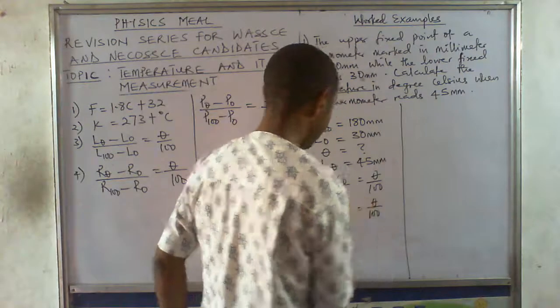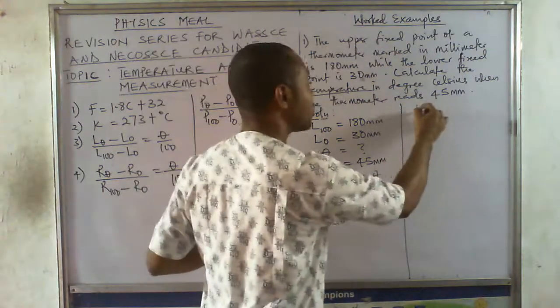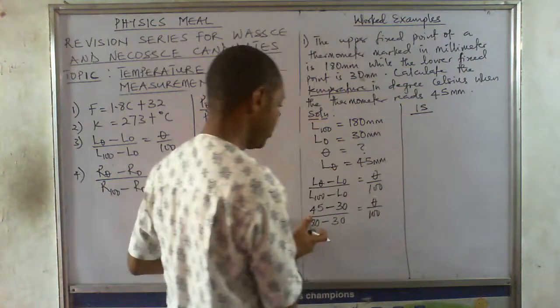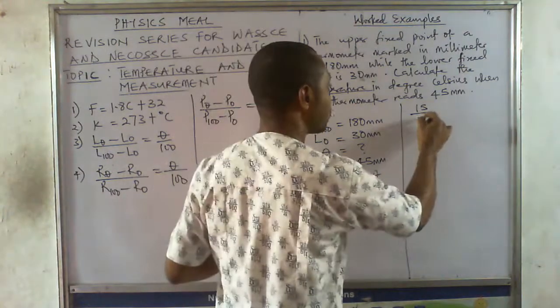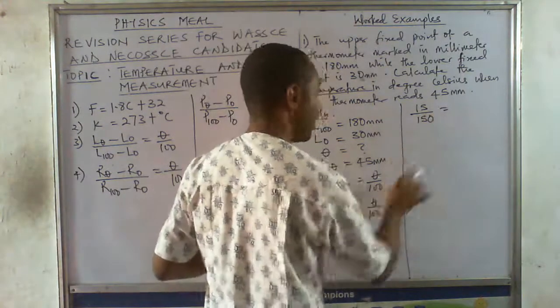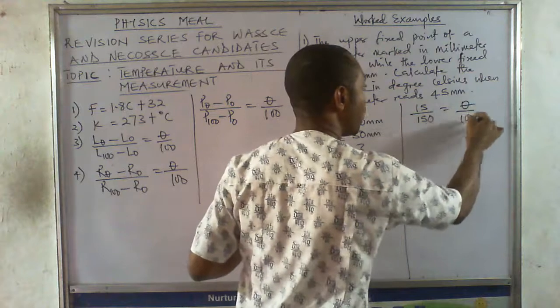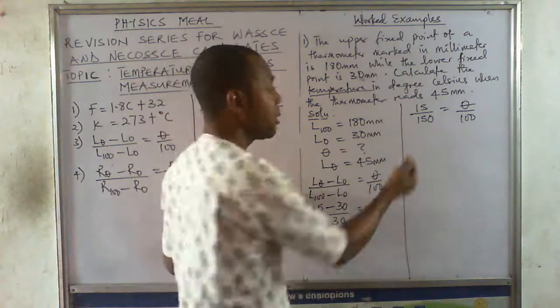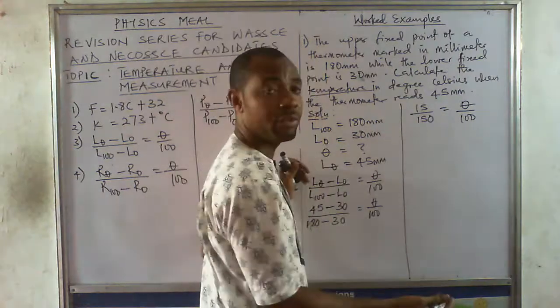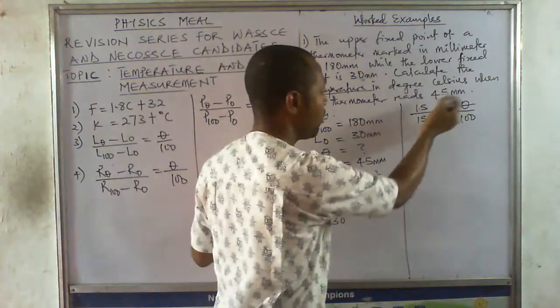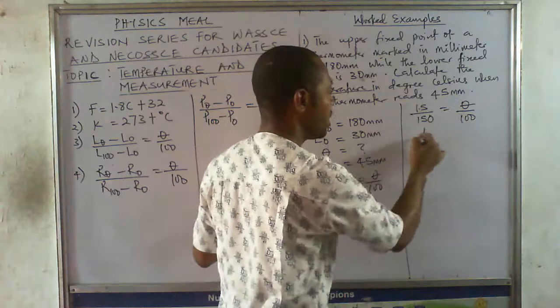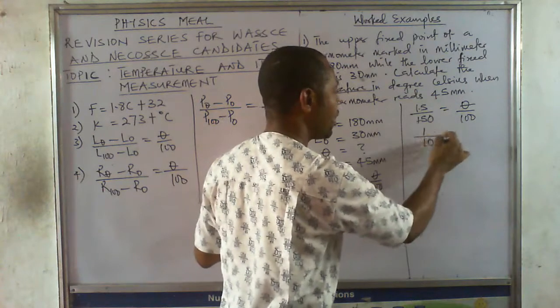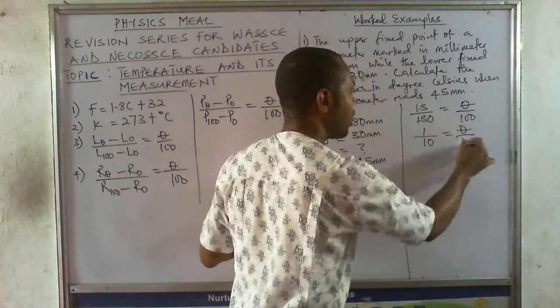So we have 45 minus 30, which gives us 15, all upon 180 minus 30, which gives us 150. So I have 15 over 150 equals theta over 100. I can reduce this to its lowest term before clearing the fraction, because 15 is a factor of 150 and also a factor of itself. So 15 divided by 15 is 1, and 15 divided by 150 is 10, giving 1 over 10 equals theta over 100.